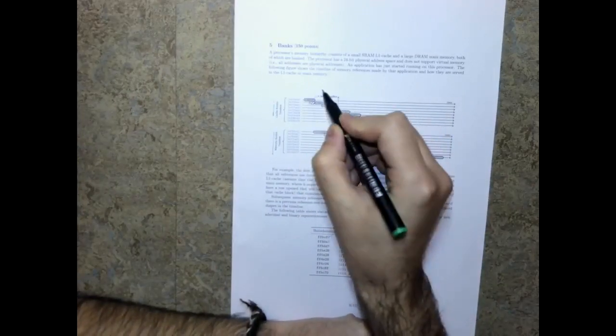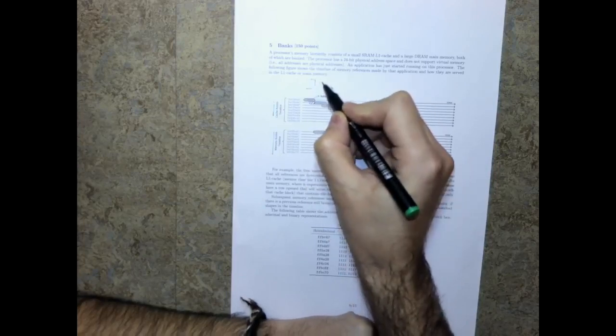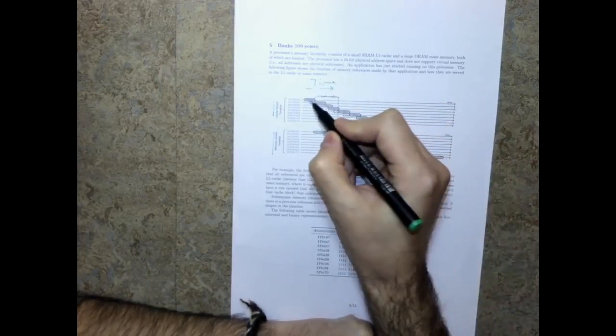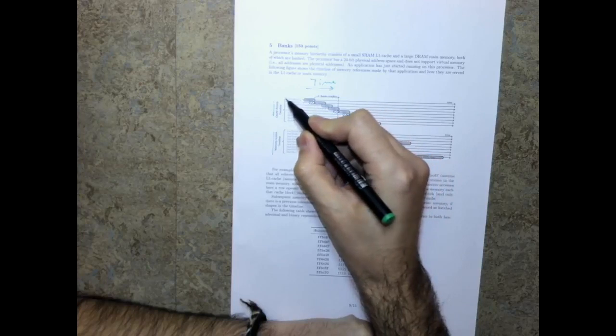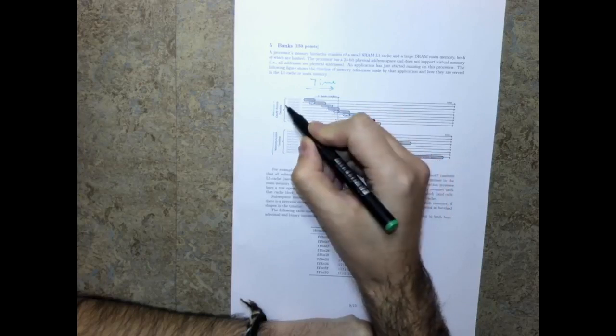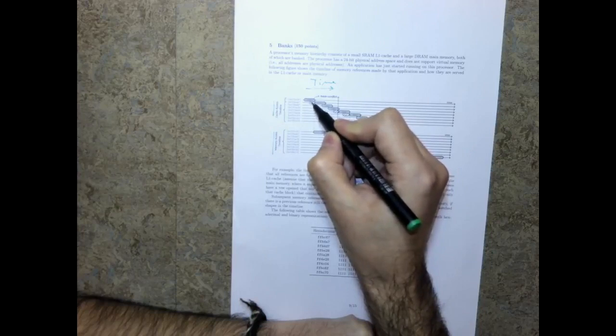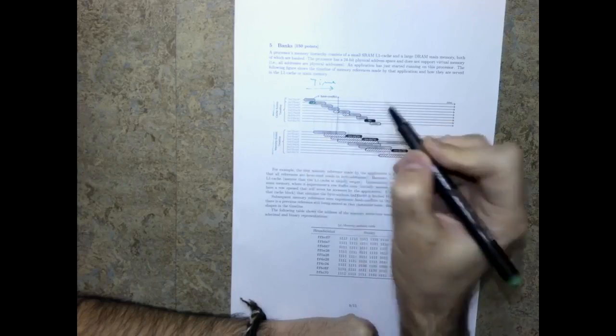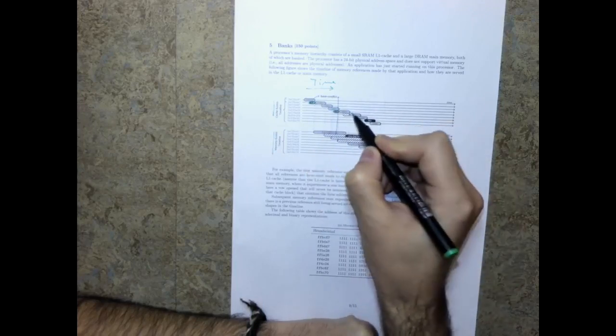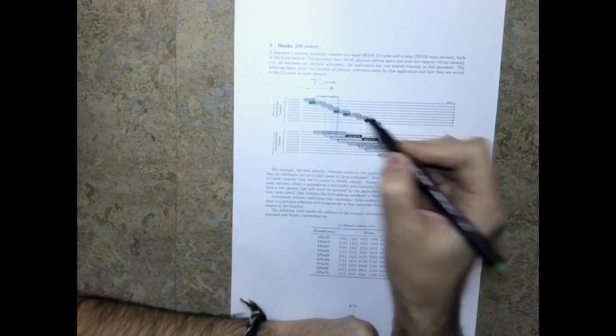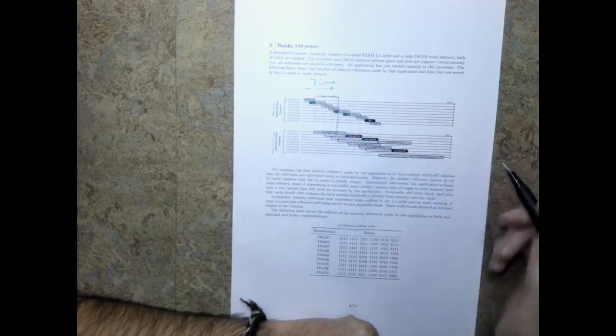This is the time. For example, here, when accessing this address, we have a miss, and when we access the next address, we have a bank conflict. The bank conflicts are represented by these green areas in this case.